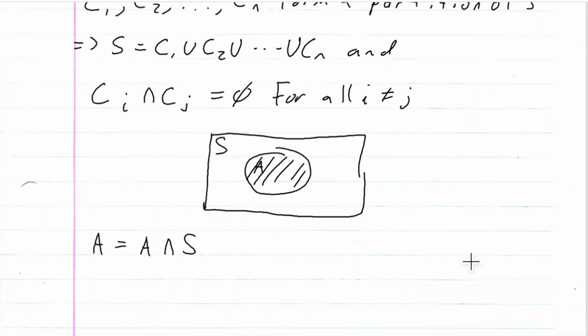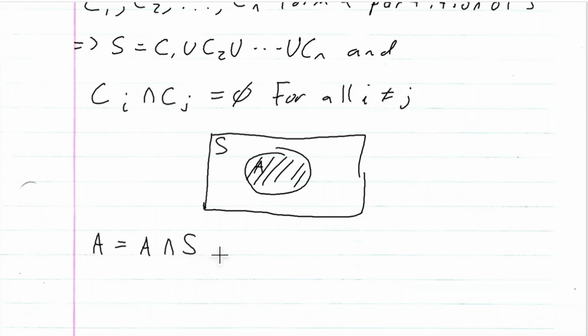Because, as you can see, A is the shaded area, and A intersection S is all the elements in A that are also in S, right? So that would be also the shaded area. So A is equal to A intersection S.